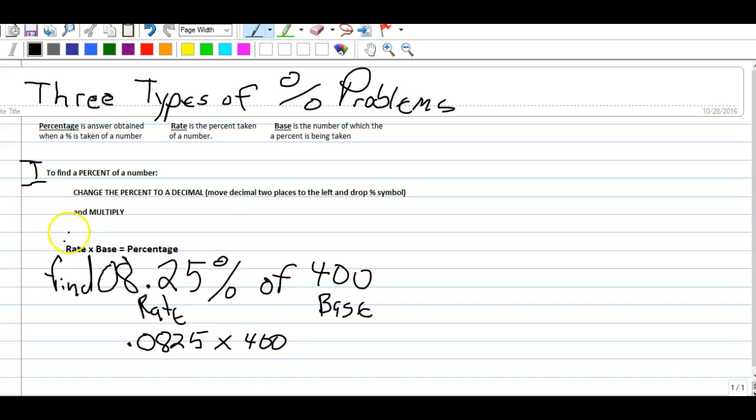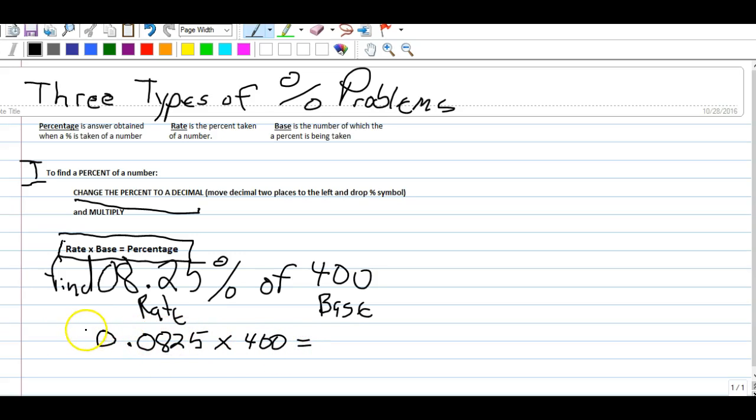Now, some students have difficulty remembering which one's the rate, which one's the base, and which is the percentage. So simply put, to find a percent of a number, you change the percent to a decimal. My percent is 8.25%, and I'm changing that to a decimal, so simply slide the decimal 2 places to the left, and then you multiply. So that's 0.0825 times 400.